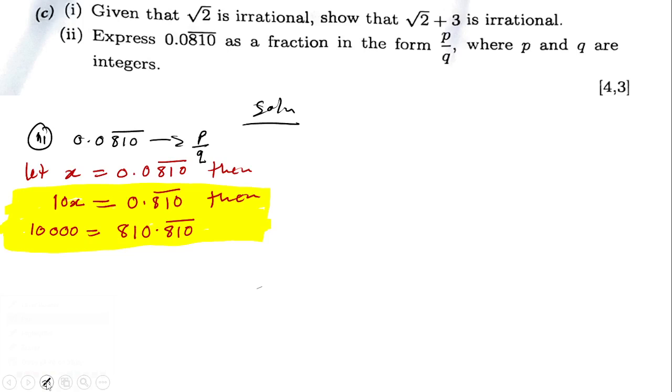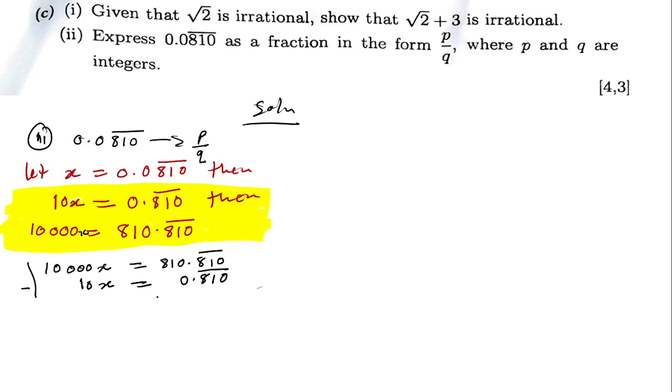So from there you get this one and that one. So you're going to say 10,000x is equal to 810.810 bar. You subtract the 10x there, which was 0.810 bar.